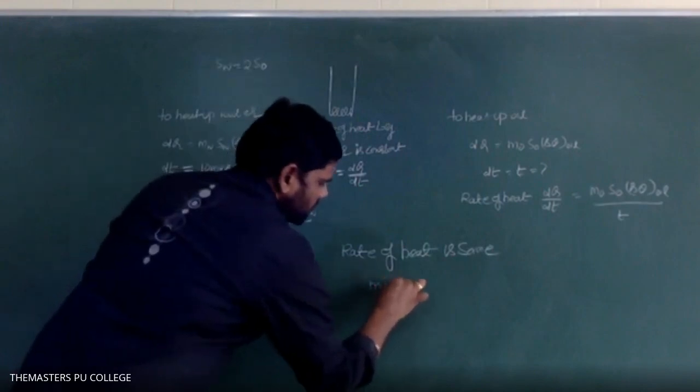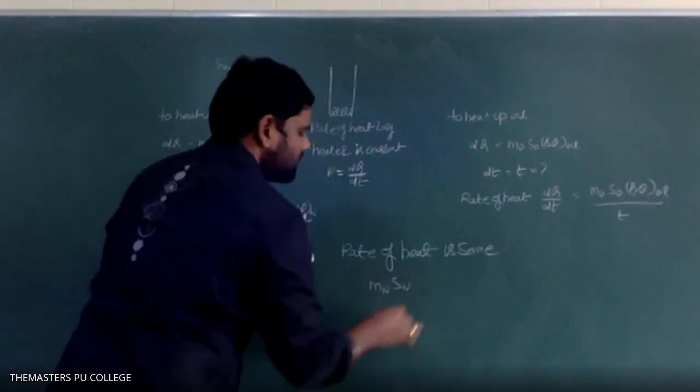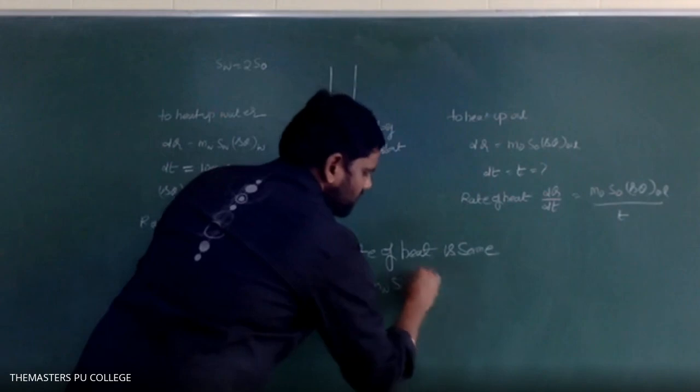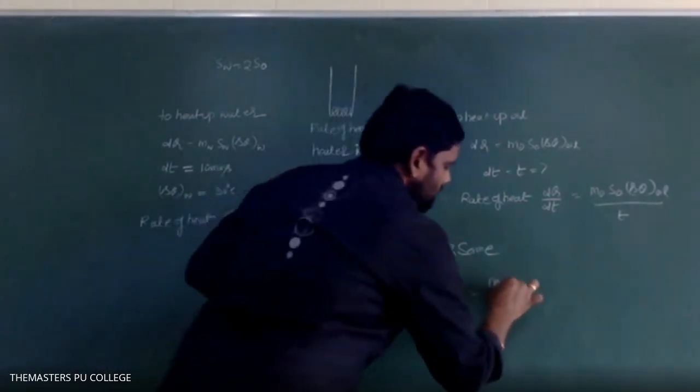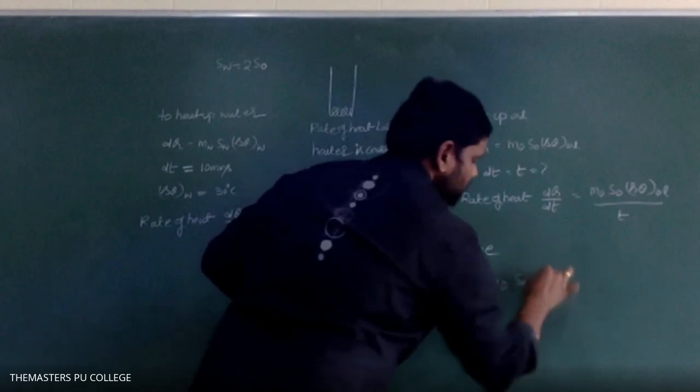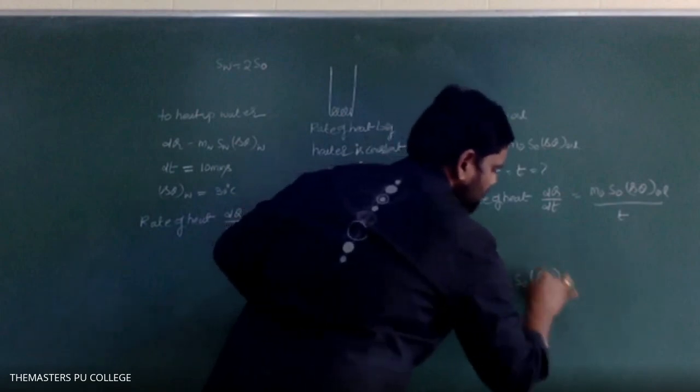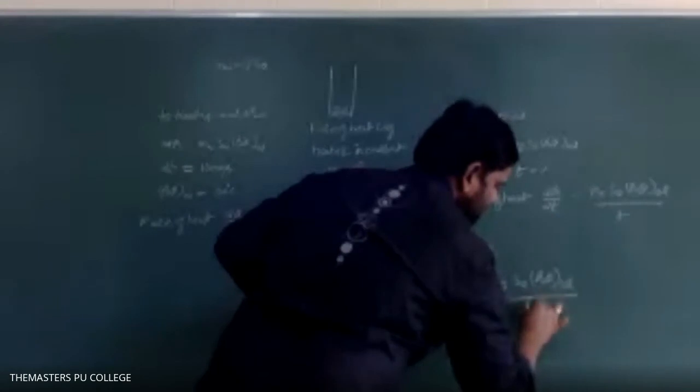Mass of water into specific heat of water into delta theta of water divided by 10 is equal to mass of oil into specific heat of oil into delta theta of oil divided by T.